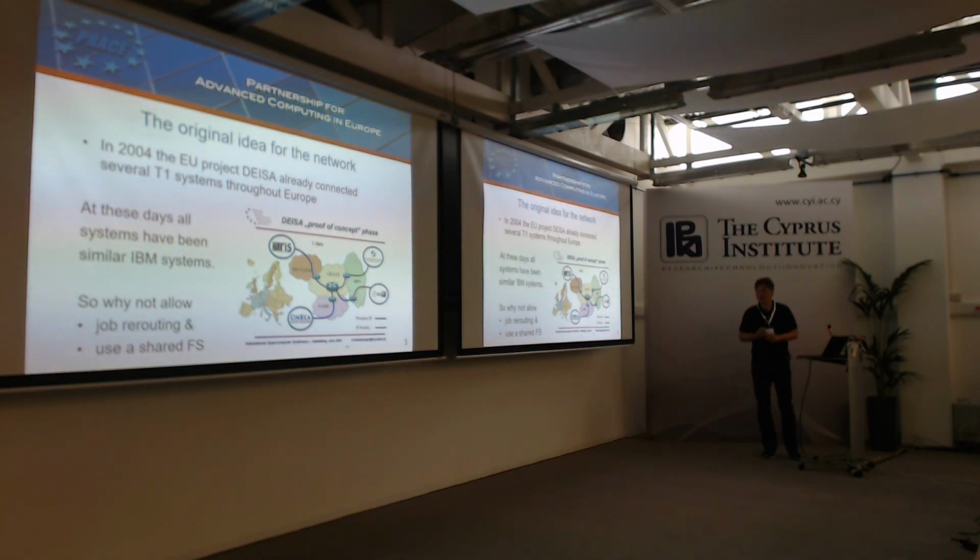And there was the idea, because it's all the same systems, we can reroute jobs to the other system and use the data via a global parallel file system. At this time, IBM provided a shared file system with the multi-cluster GPFS, and we tried to set this up. We started with a 1 gigabit connection, and later on we came to 10 gigabit.